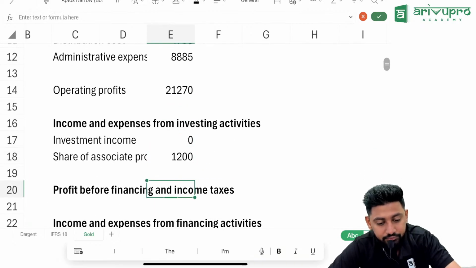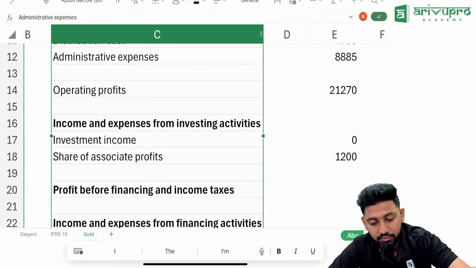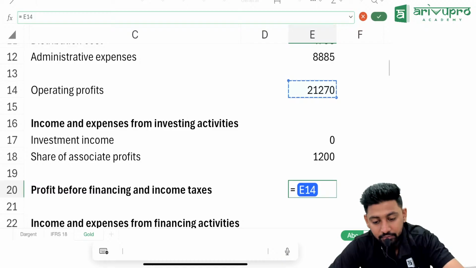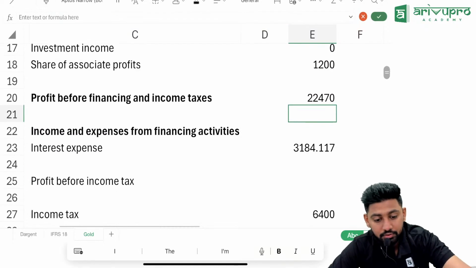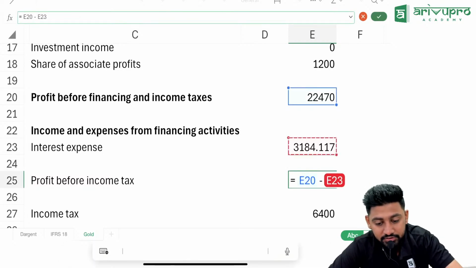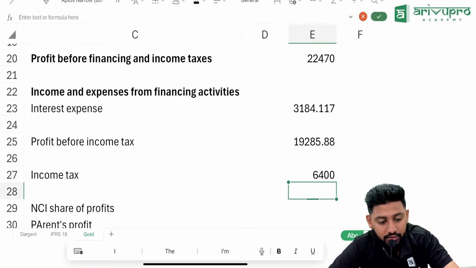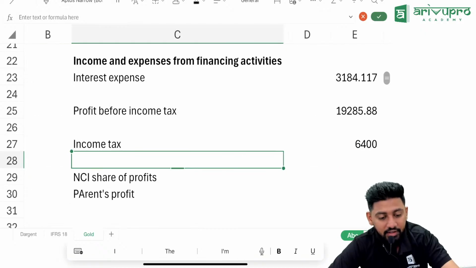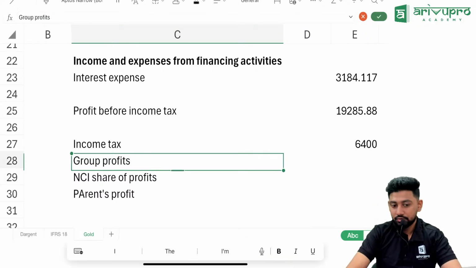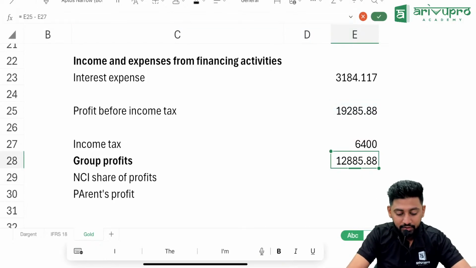And then profit before, can I take it here? My profit before financing and income taxes would be 21,270 plus 1,200, and then I have my interest expense 22,470 minus 3,184, 19,286, and then I have my income tax, and then I have my group profits. My group profits will be this minus 6,400, 12,886.